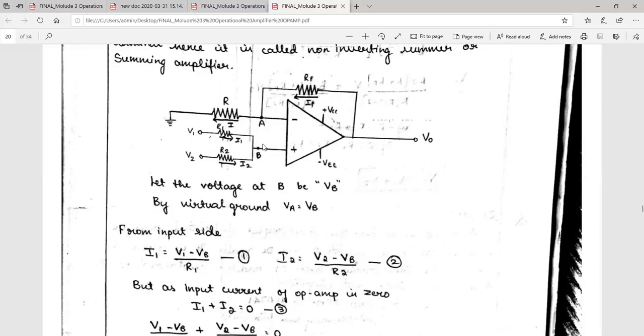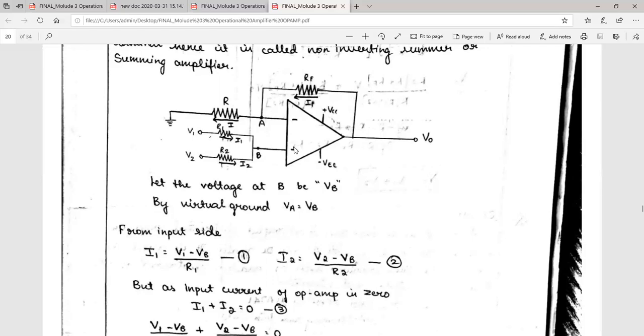Now we know that the input current of the op-amp is 0 because of the input resistance Rin, which is equivalent to infinity. So if I apply KCL at this particular node, current entering the node are I1 and I2, current leaving the node is equivalent to 0.